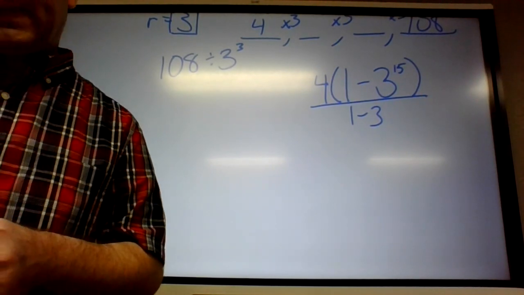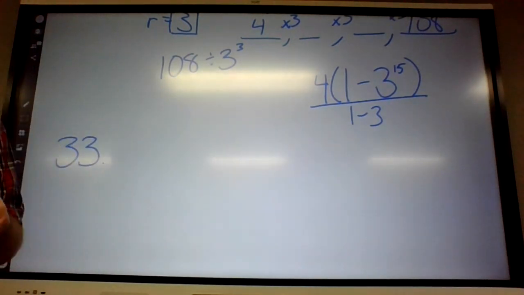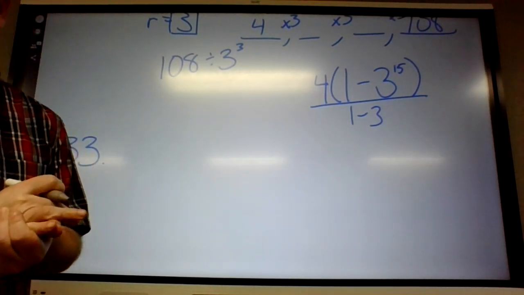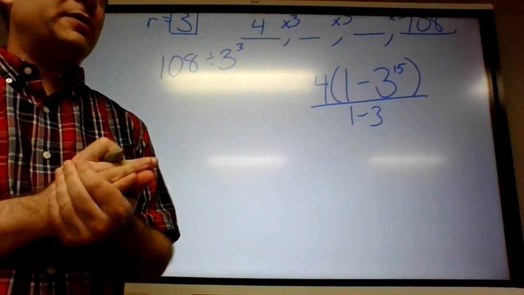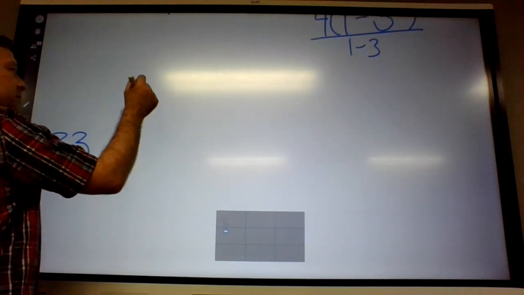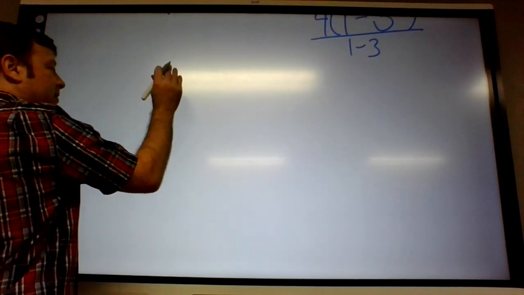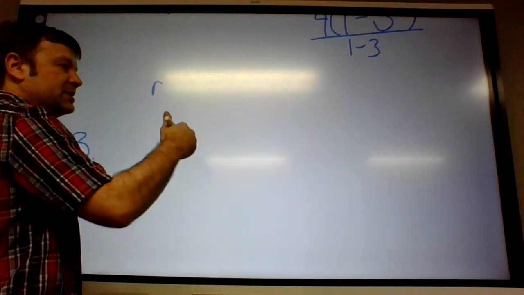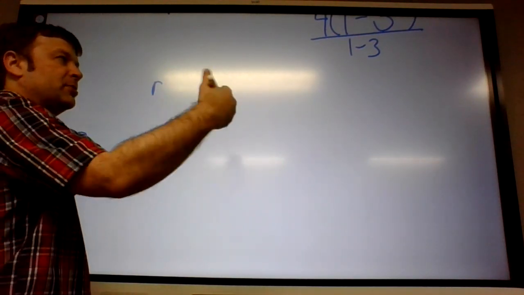All right. So on 33 through 36, it's asking, does this series converge or diverge? If it converges, find its sum. So let me remind you what we talked about. This is for infinite geometric series that keep adding numbers towards infinity.